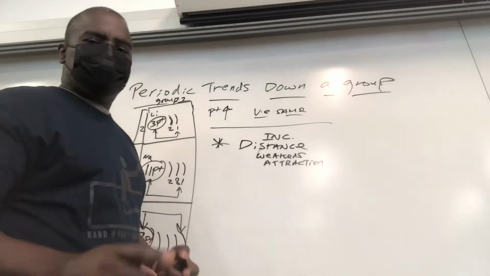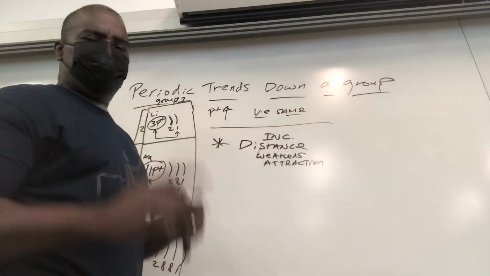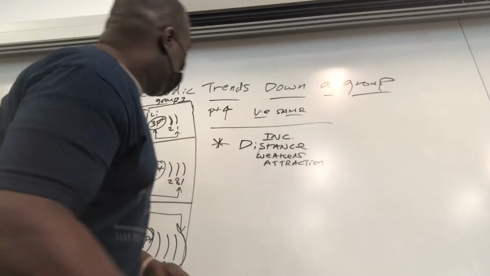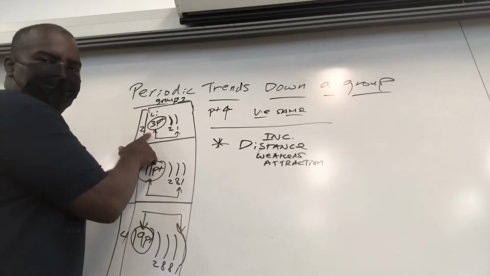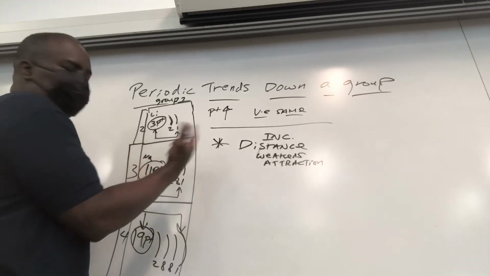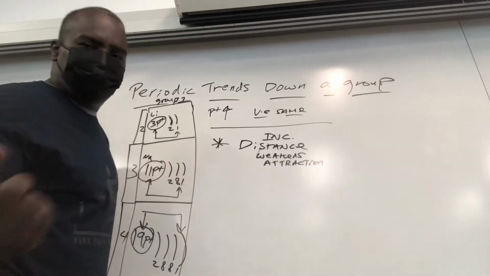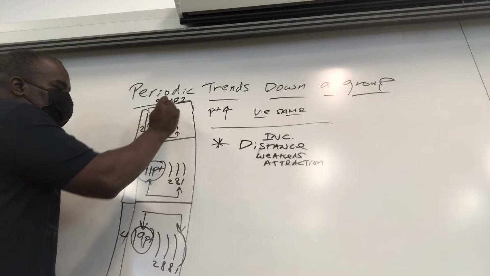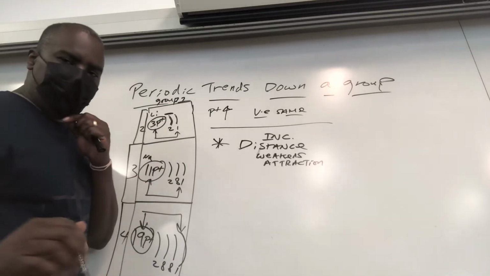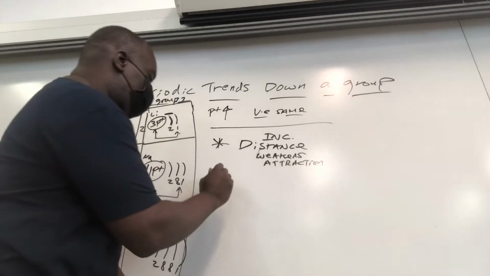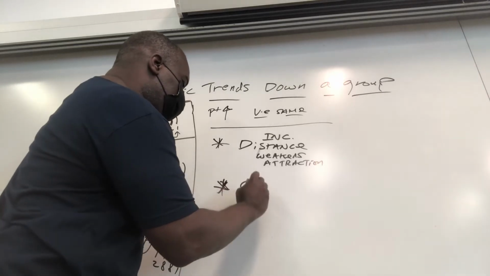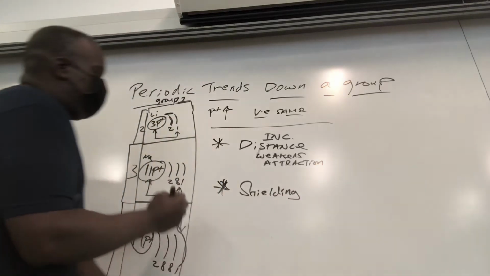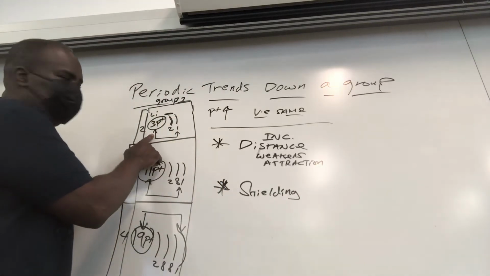And there's another factor that we talked about that weakens attraction, and that is called the shielding effect. We said, let's say the protons are looking at their valence electrons with a certain desire and want to be attracted to them. These energy levels in between are blocking or shielding the attraction that the protons in the nucleus have for the valence electrons.